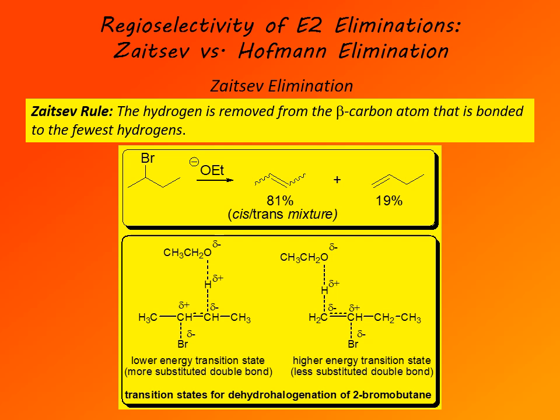So simply we are looking at developing double bond. So developing double bond will result in lower energy transition state if it's more substituted. So less substituted double bond, obviously higher energy transition state. So this is a kinetically controlled process, and it has to do simply with formation of more stable, more substituted double bond.